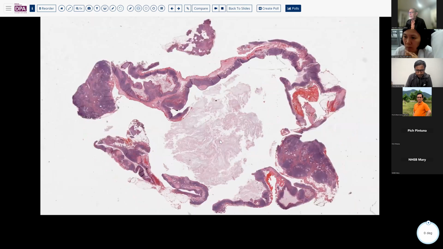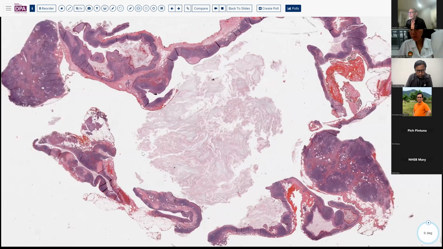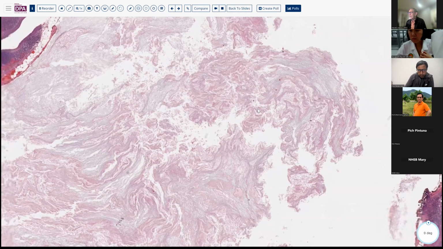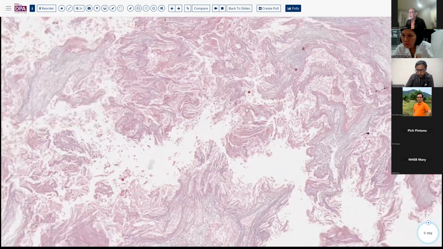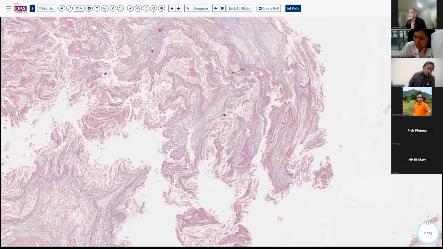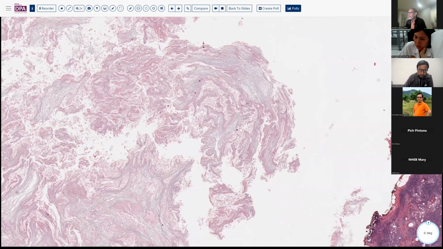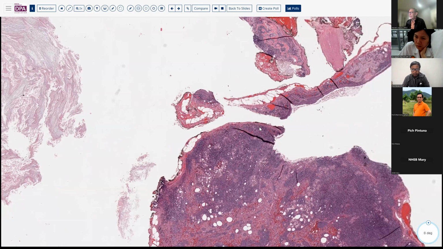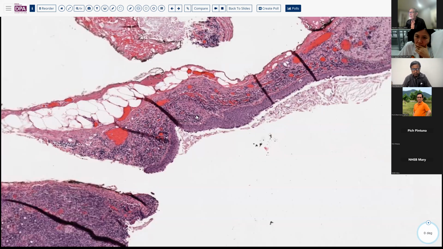But here you can see this nice keratinized content, very lamellated keratin, acellular, no nuclei here. And then when we come to the lining, we'll see that that's the result of a squamous epithelial surface here that's stratified.